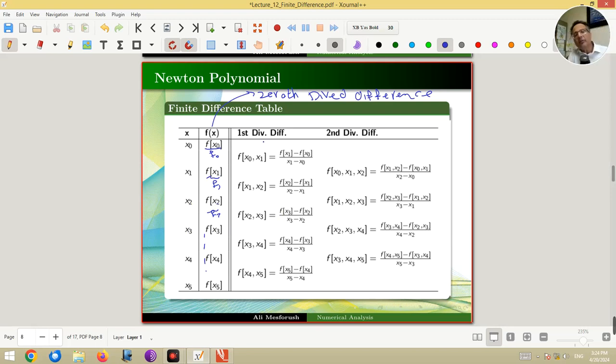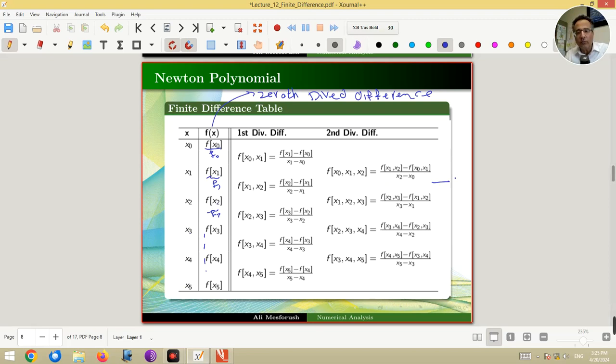These are the first divided differences. For the second one, you subtract f of x0, x1 from f of x1, x2, over x2 minus x0. And for the next ones, the same way: this one minus this one over this one minus this one, and so on.